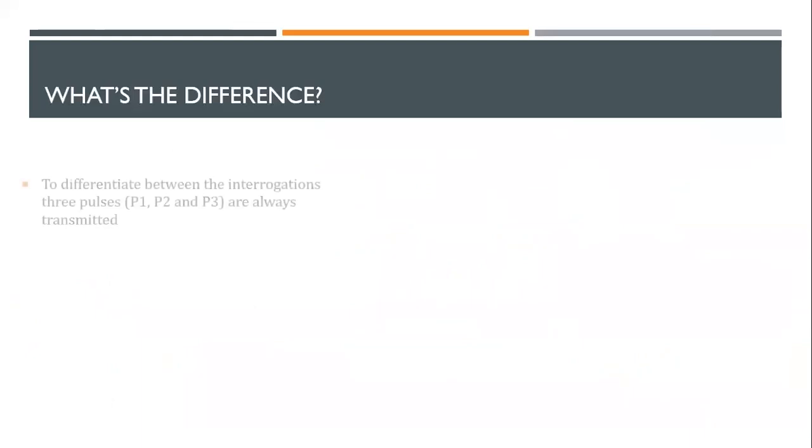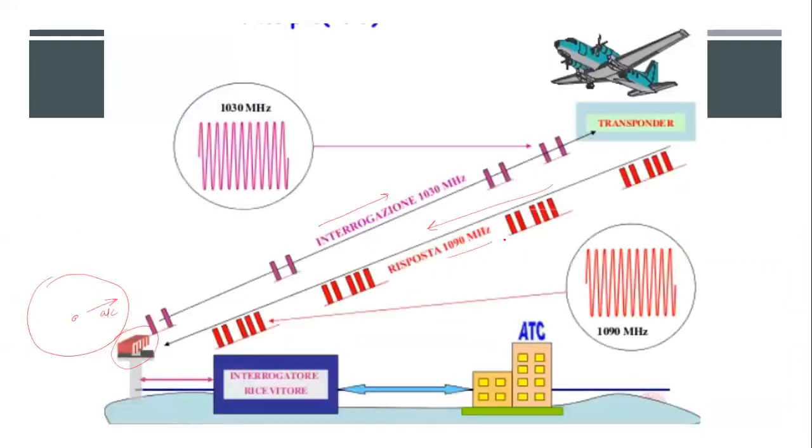What's the difference between those? To differentiate between the interrogations, 3 pulses are always transmitted. Why? You might have a question by now. If the frequency of transmission is the same for all the aircraft, that is 1090, and the interrogation is 1030, then how do we distinguish the aircraft?